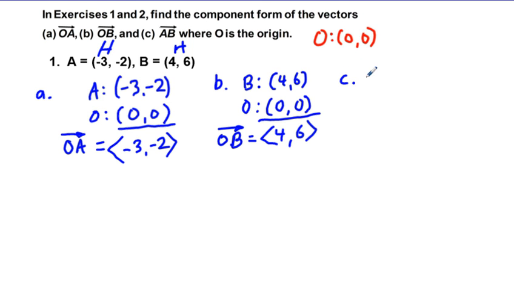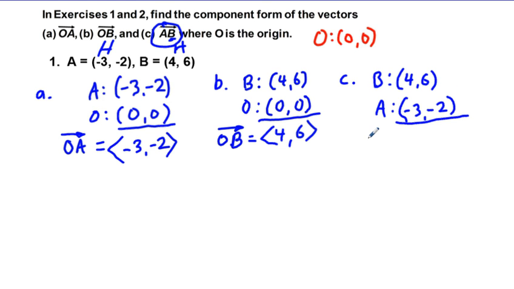And then part C, we're going to have AB. Well, in this case, our head is going to be B. So we have B, which is 4, 6. And A, which is -3, -2.